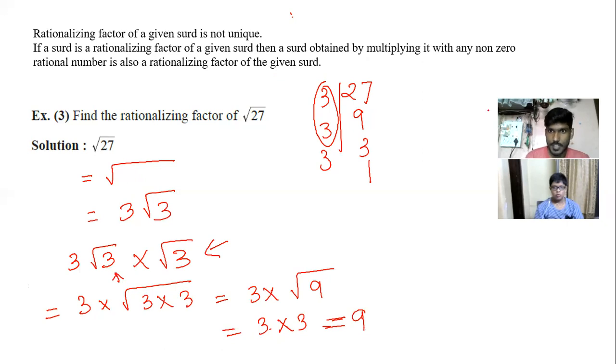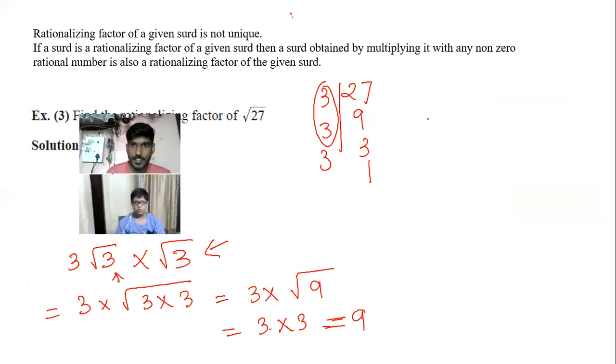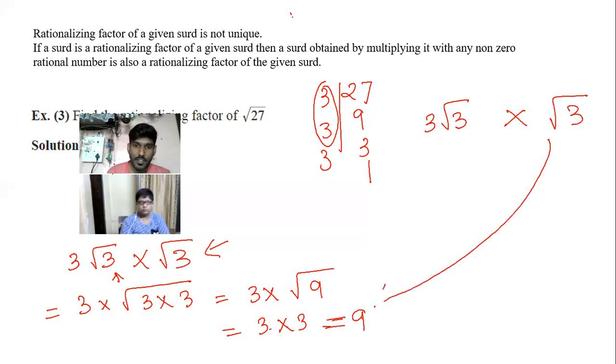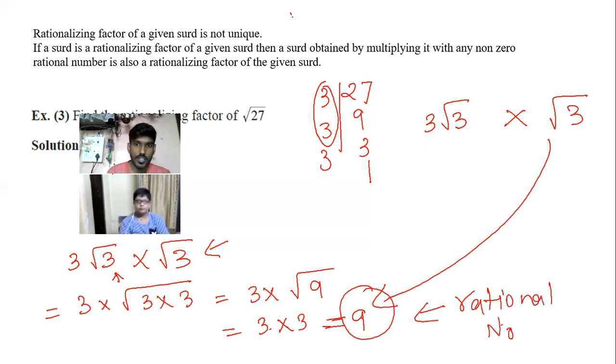Now, note one thing: for 3 root 3, you multiplied another root 3 and you got the answer 9, which is a rational number. This is a rational number. So this root 3 is called a rationalizing factor of this surd.